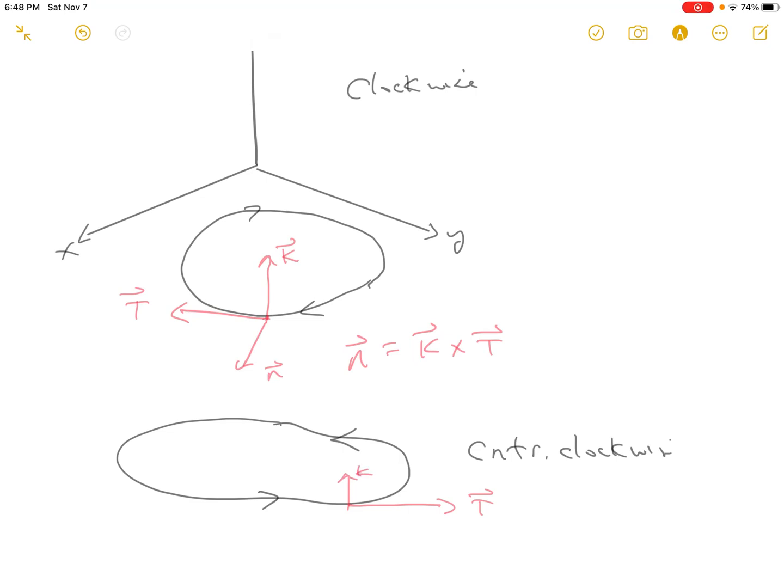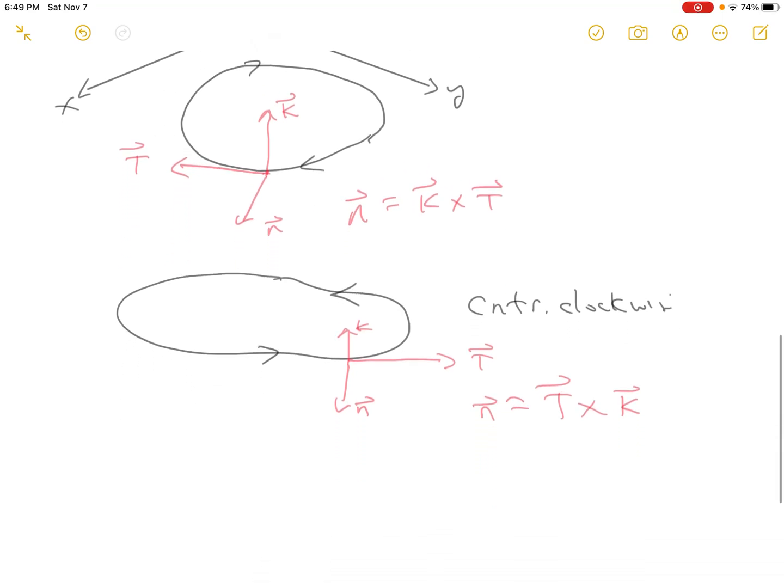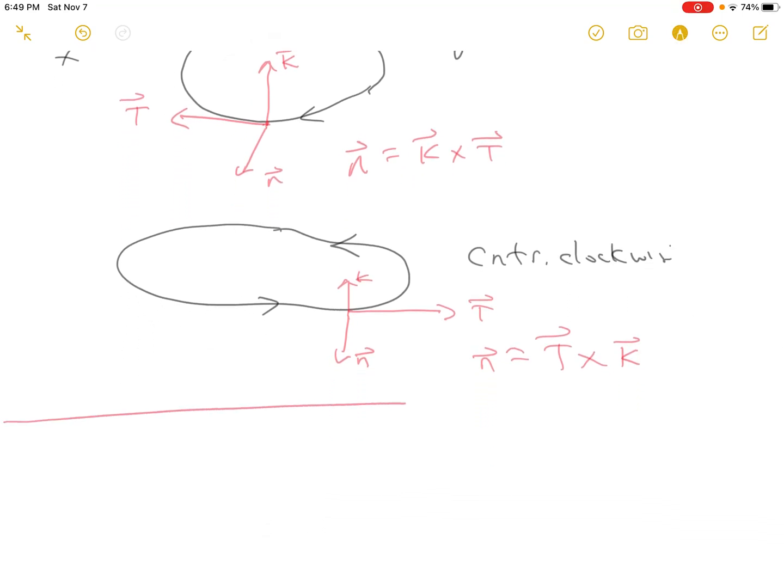K always sticks up, and n sticks out, and so now n equals t cross k. Right? So it's important to stipulate which way you're traversing around this simple curve as you're computing the flux, because it changes your answer by a negative, really.